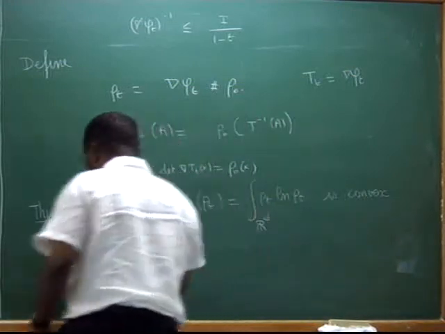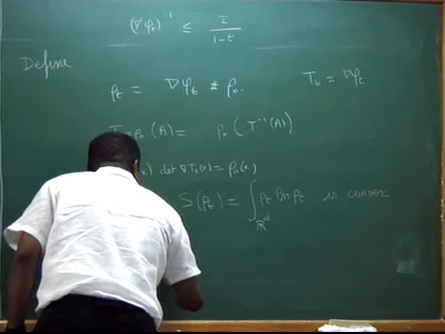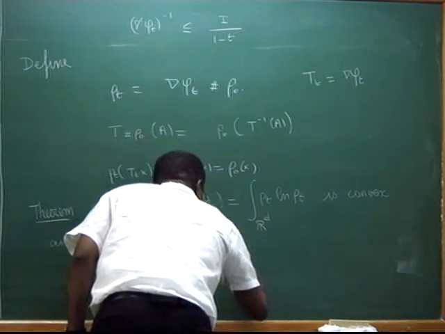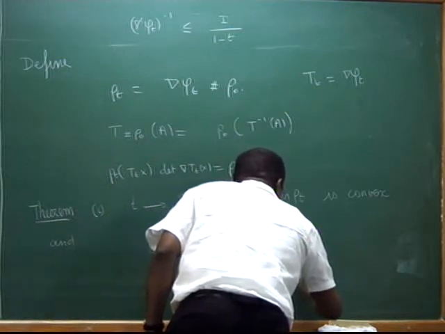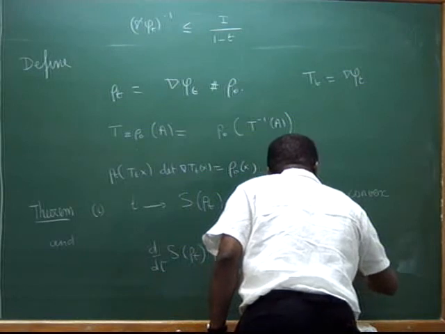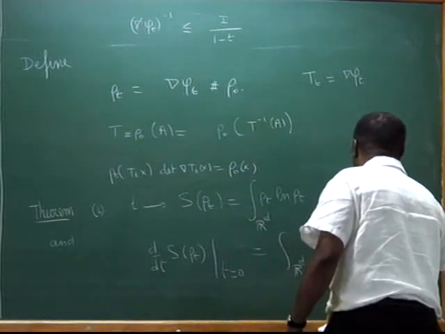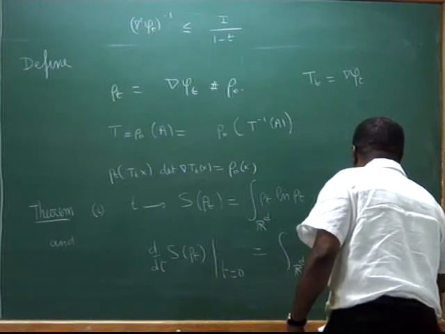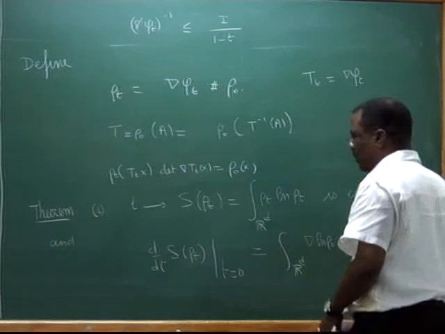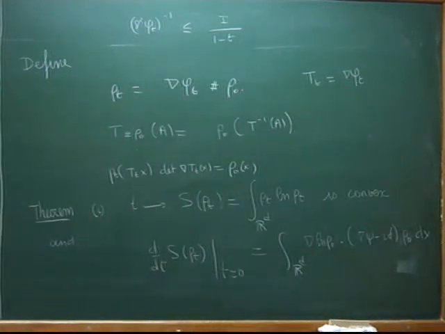And the derivative with respect to t of S of rho t when t equals 0 is the integral over R^d of the gradient of log of rho naught inner product gradient of phi minus identity, rho naught dx. First statement. Second statement.